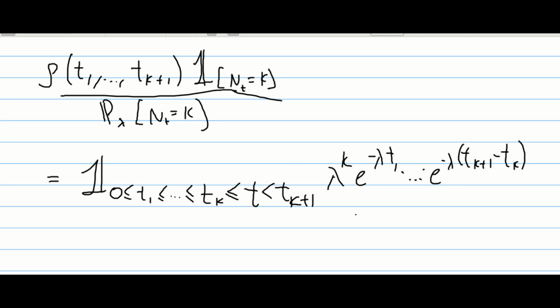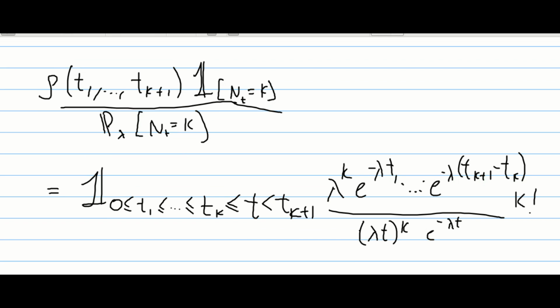There was the probability in the denominator, which is the probability that a Poisson assumes value k. The parameter of the Poisson is lambda t: (lambda t)^k e^{-lambda t}, and there's a k factorial that I'll put above because it was in the denominator. So this is the distribution. I wrote already, this is the distribution of this whole conditioning.